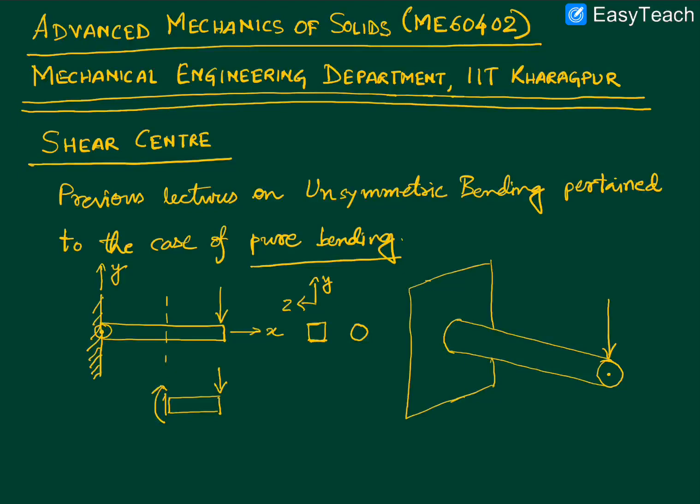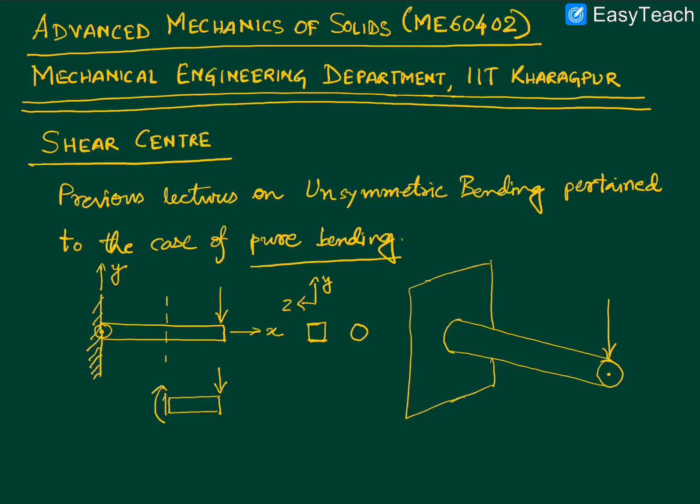However, what could happen is that this particular force is not passing through this center, rather it is a little bit eccentric from the center. Then what could happen? Well, as you can intuitively guess, we could have a situation in that case where this beam not only bends but also twists.